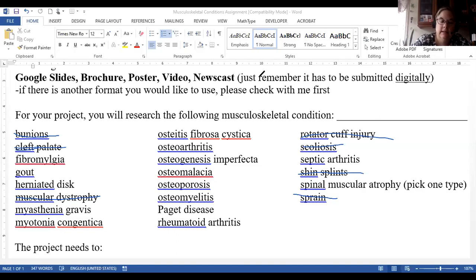Jimin has chosen gout. And Haley, last but not least, go ahead and choose. And Haley's got osteogenesis imperfecta. Okay, any questions about my expectations on this?